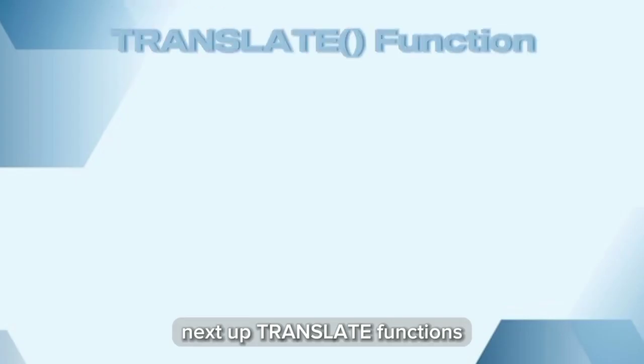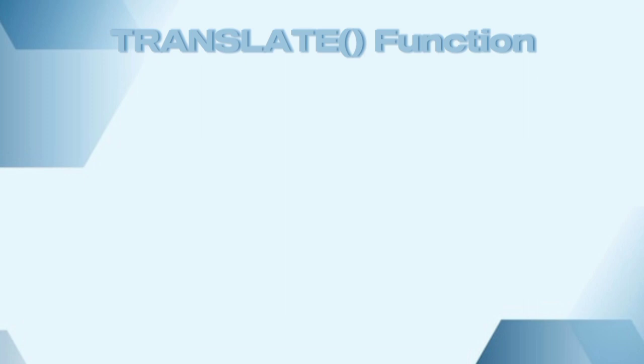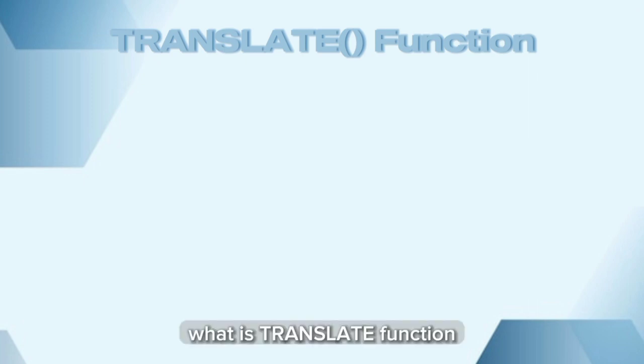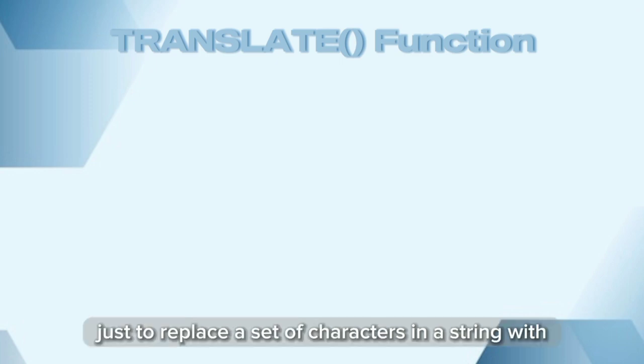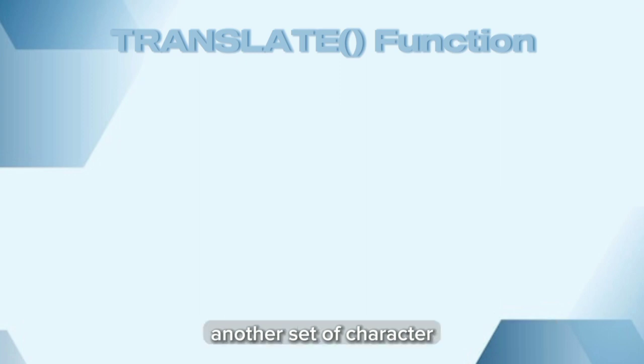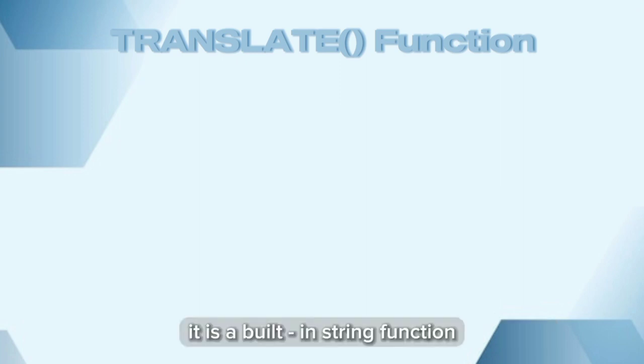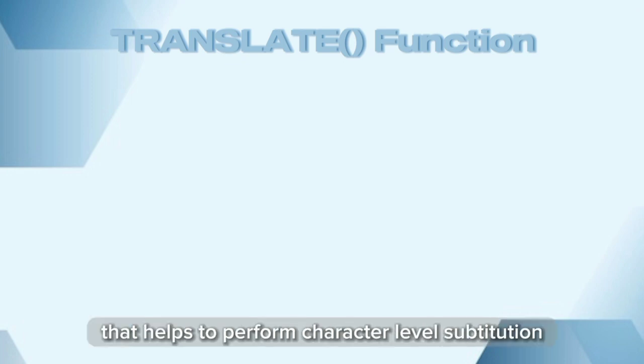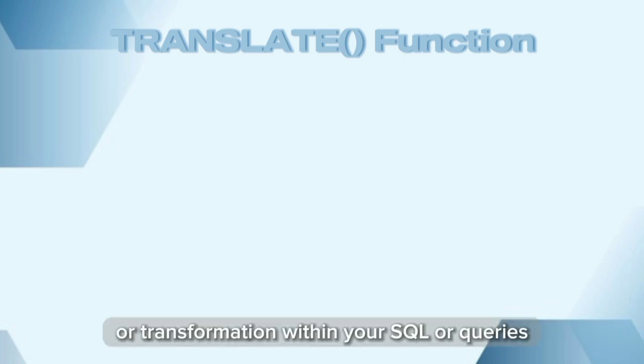Next up, the TRANSLATE function. What is the TRANSLATE function? The TRANSLATE function is used to replace a set of characters in a string with another set of characters. It is a built-in string function that helps to perform character-level substitution or transformation within your SQL queries.